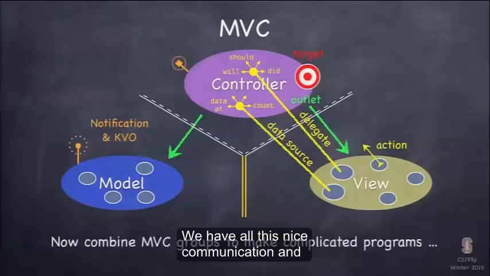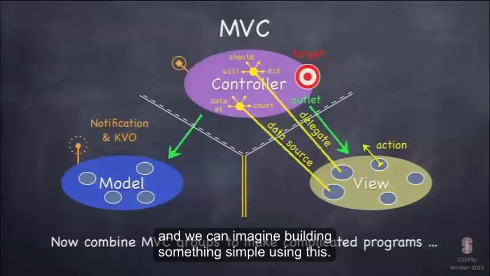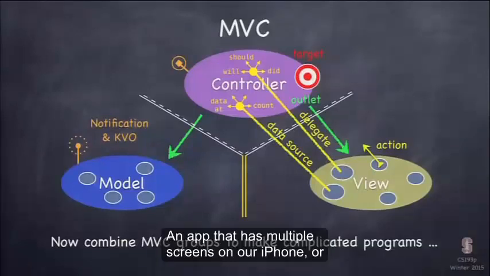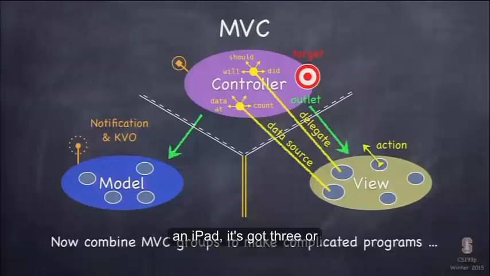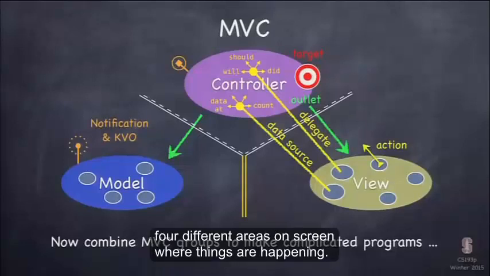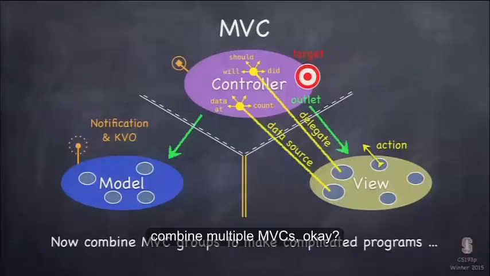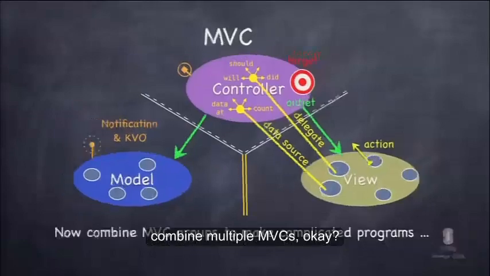We have all this nice communication and all these rules, and we can imagine building something simple using this. But what if we want to build a big, complicated app, an app that has multiple screens on our iPhone or on an iPad? It's got 3 or 4 different areas on screen where things are happening. How do we do that? Well, we're essentially going to combine multiple MVCs, okay?